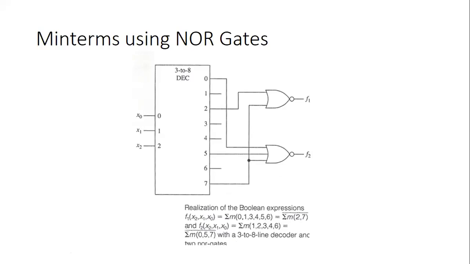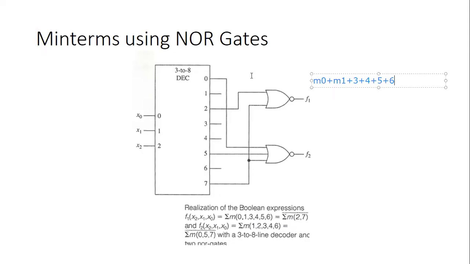That means it represents M0 plus M1 plus M3 plus M4 plus M5 plus M6. That is what is there in the decoder, right? So now how will you implement that? Just combine the function.